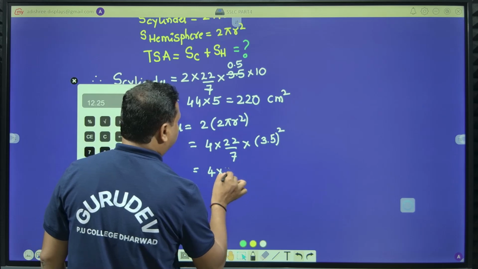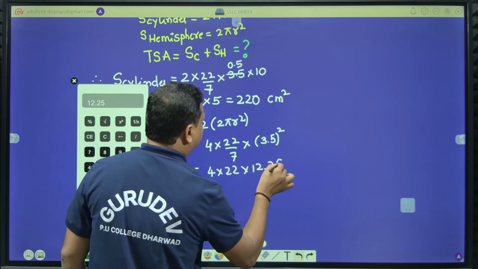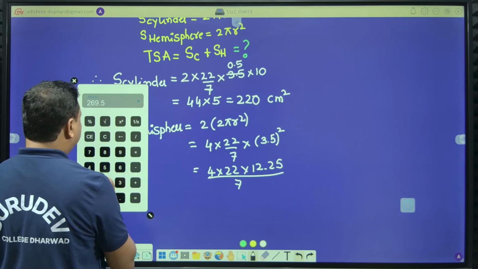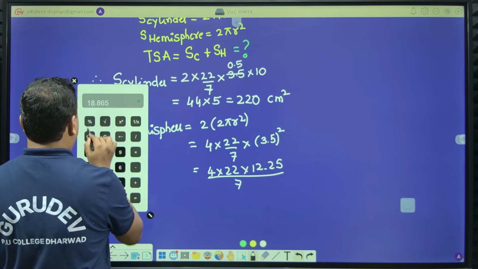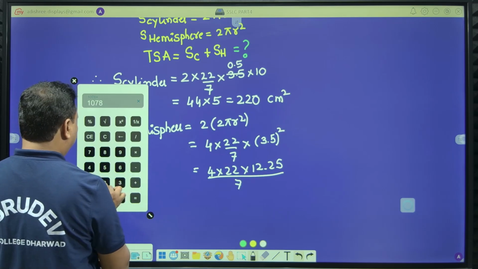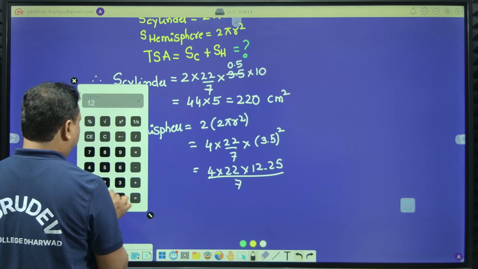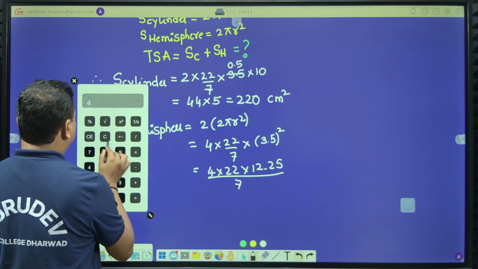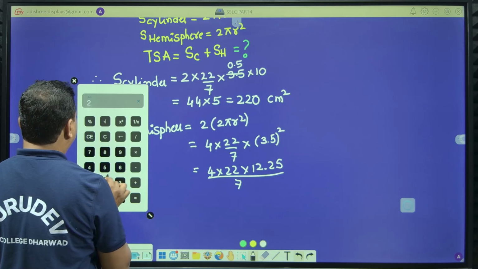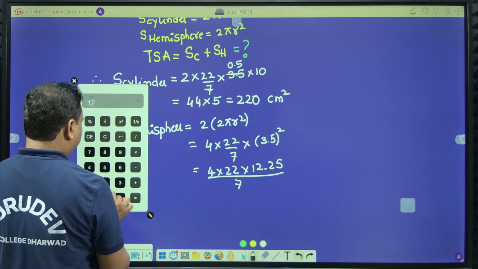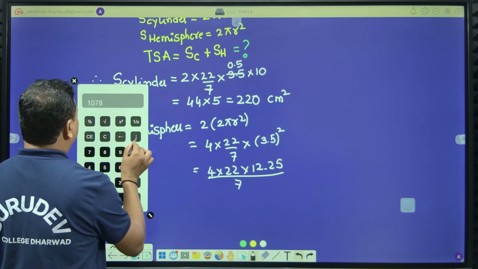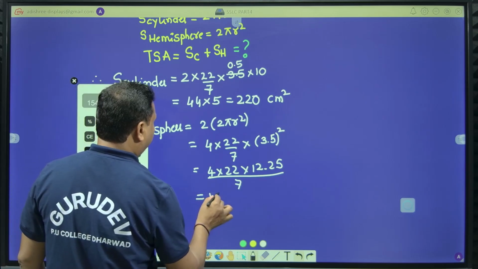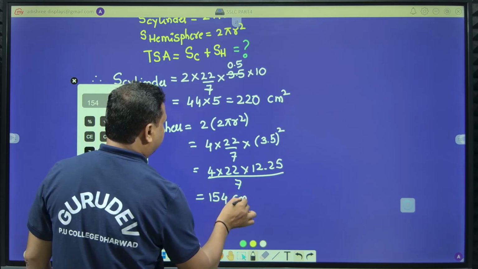So, 4 into 22 into 12.25 divided by 7 is equal to 154 centimeter square.